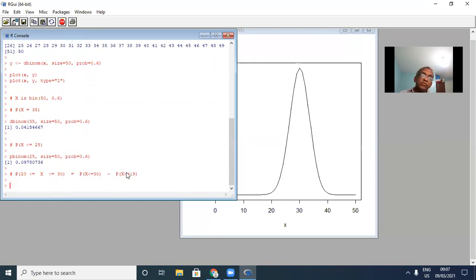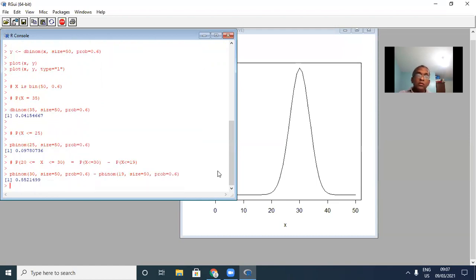In order to compute this, you will first compute pbinom at 30 and take away from that pbinom at 19. So this is the probability that x is between 20 and 30.